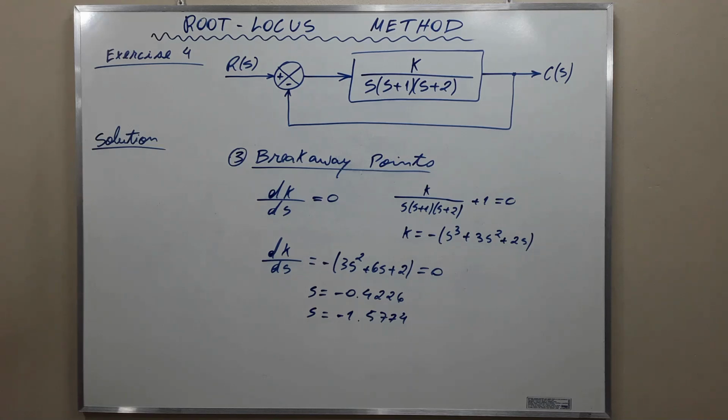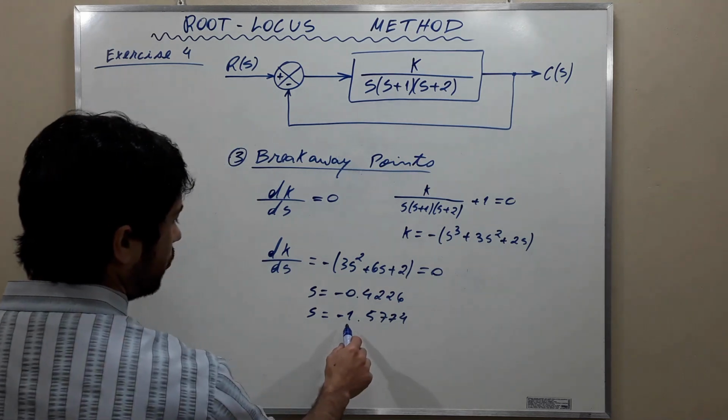Okay? Since the breakaway point must lie between 0 and -1, as we saw, the breakaway points have to be along the root locus, and only the portion from 0 to -1 belongs to the root locus on the real axis, then only s equal to -0.4226 is a breakaway point.